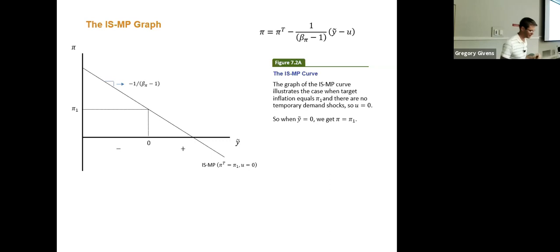All right, now let me talk for a minute about this idea here that the ISMP curve is a downward sloping curve. Do you guys see anything in this model that must be satisfied in order for the ISMP schedule to be downward sloping? Have I made an assumption about any of the parameters in particular, given the way I've drawn it?